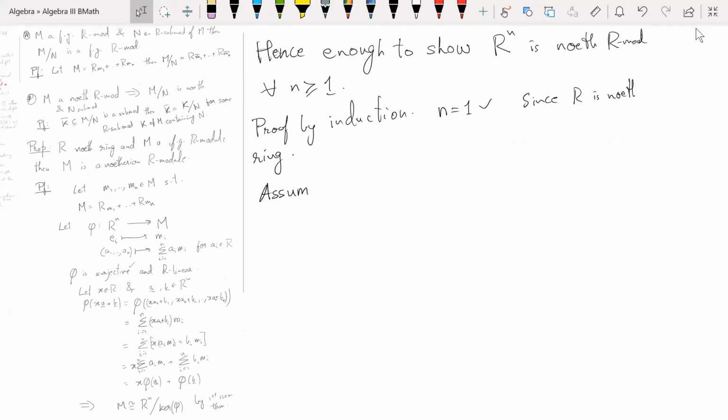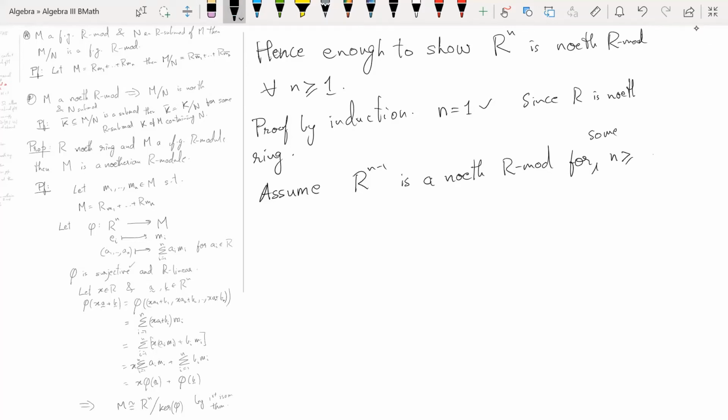Now assume this is true for a general n. So assume R^(n-1) is a Noetherian R module for some n greater equal 2.